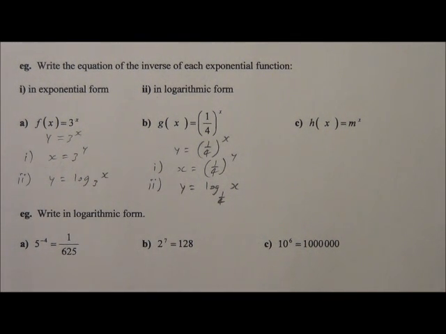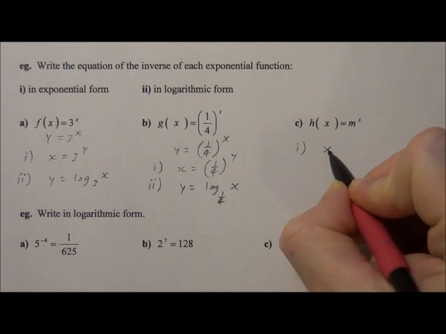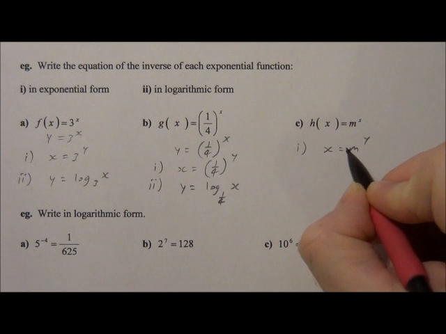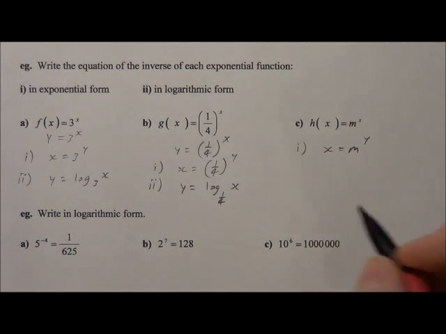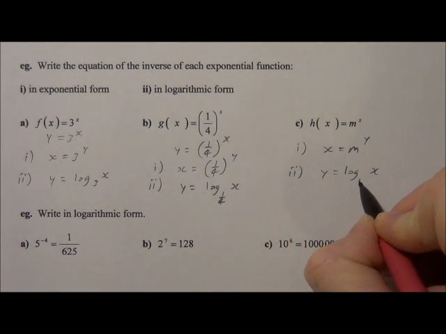And then for part C, we get x equals m to the power y just by interchanging x and y. And in logarithmic form, y equals log of x to the base m.